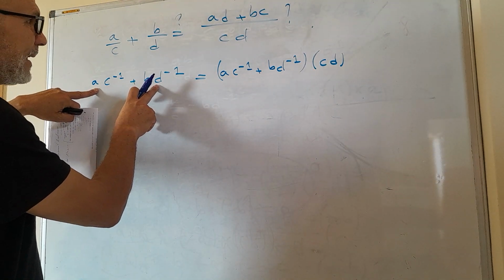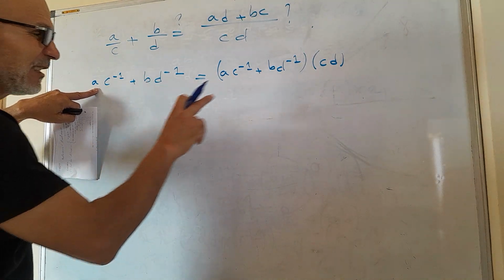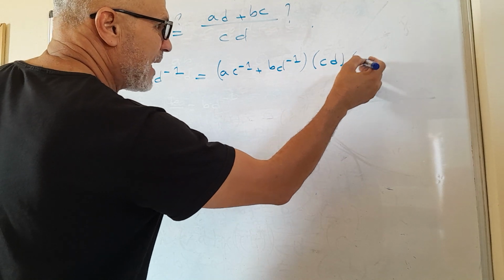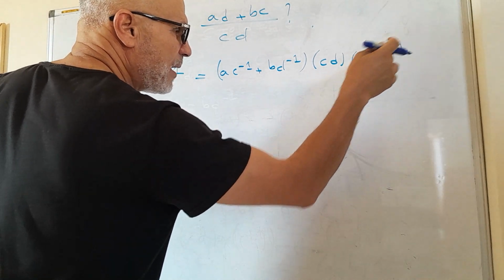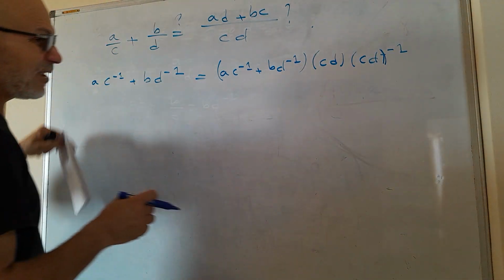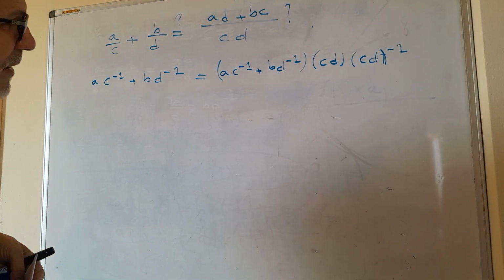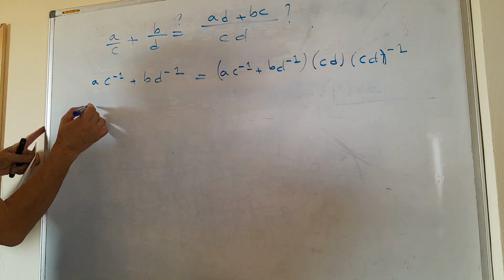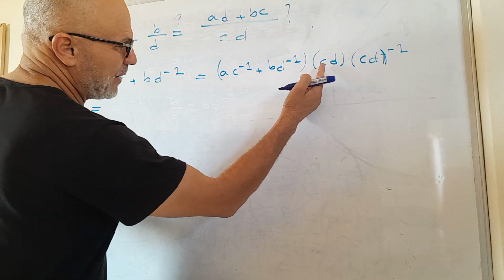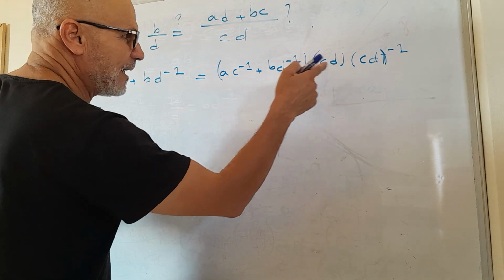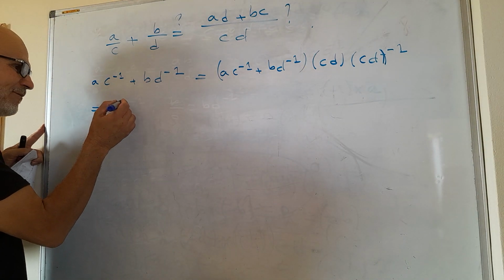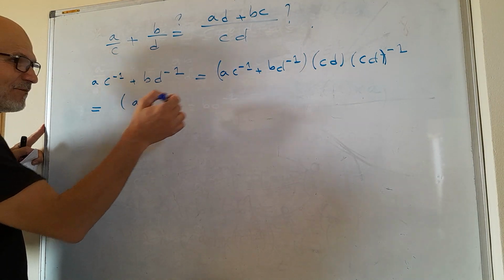So cd here times (cd)^-1, the inverse with respect to the multiplicative operation. And this is what we will get. We get c with c^-1, we cancel them, and we keep ad.